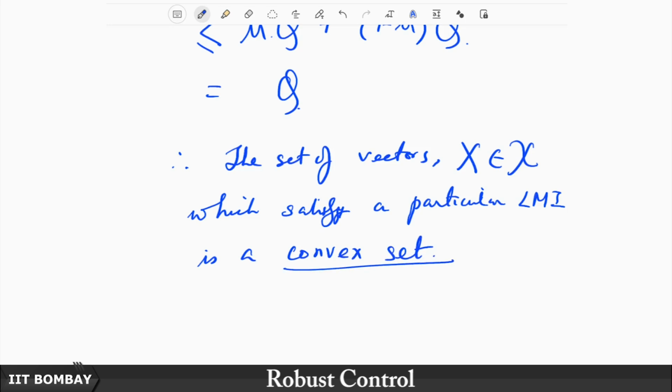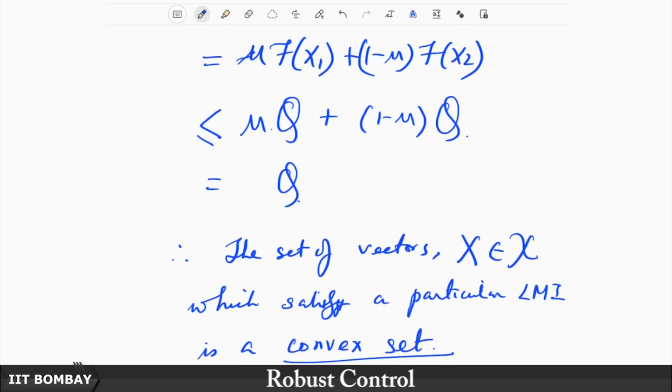Okay. Why is this beautiful? The next result that we are going to now present is going to really seal the deal. So essentially then it means that if you are dealing with LMIs, and you want to minimize, you want to get that particular solution of the LMIs, then you are basically dealing with a convex optimization problem. You are trying to minimize something over a convex set.